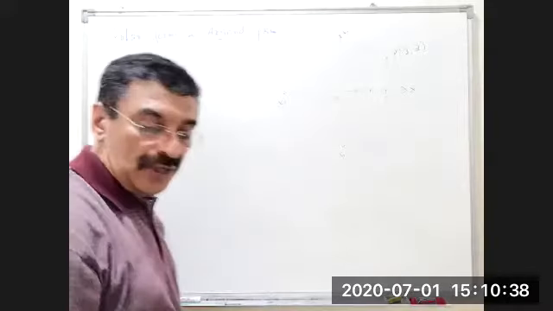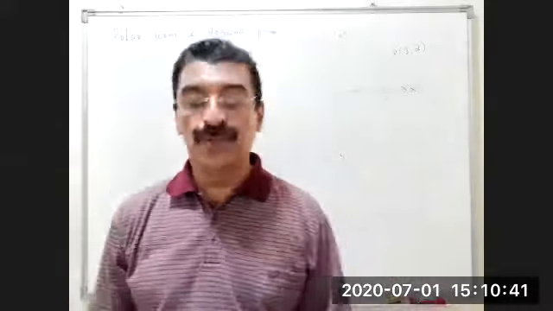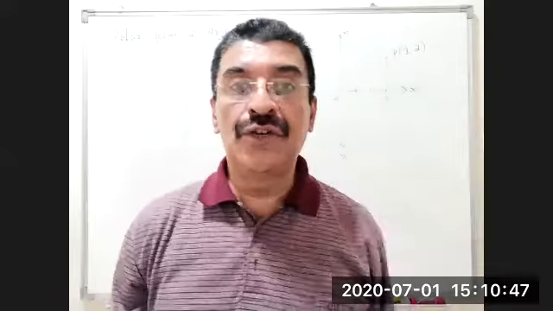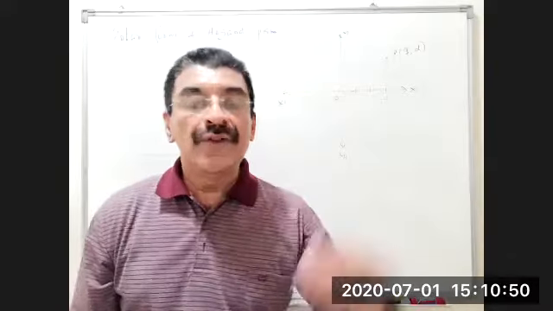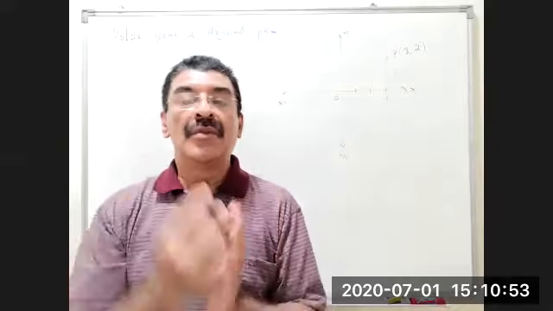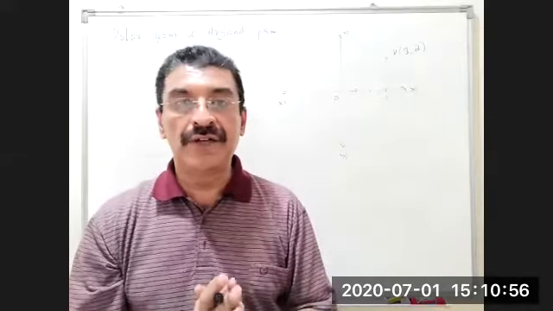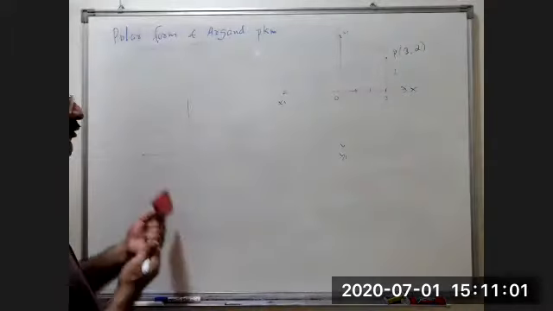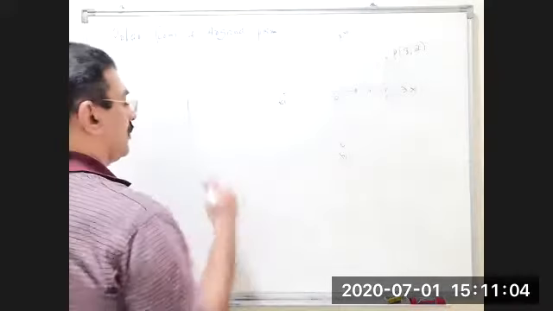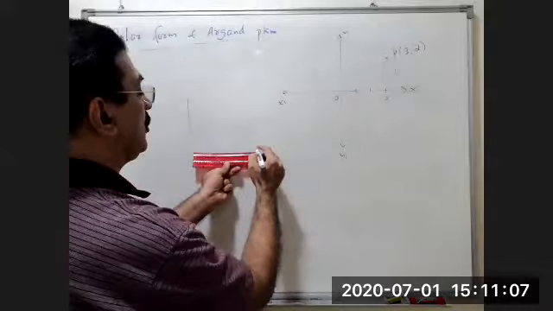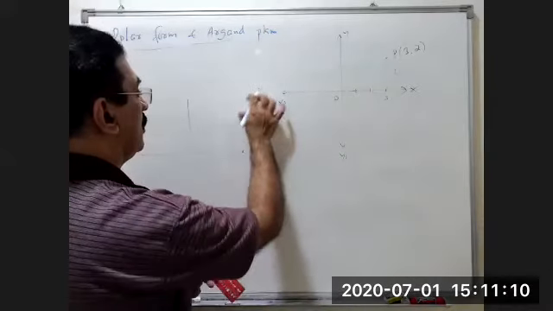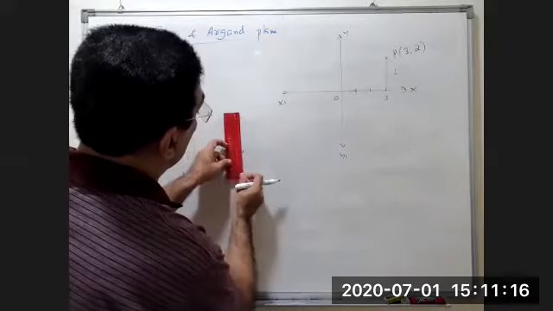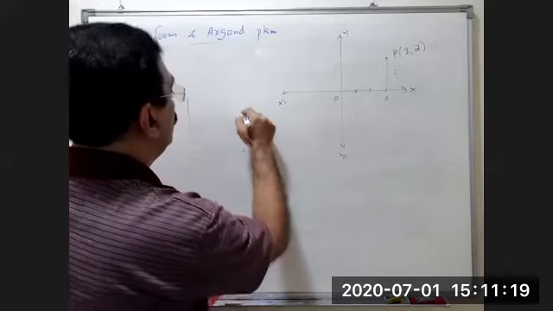See, if I am giving you a graph paper and asking you to mark the point 15, 10, or 15 centimeter, 10 centimeter, you will take 15 centimeter along the x-axis, that is here. Then from here you will measure 10 centimeter up. So we reach this point.